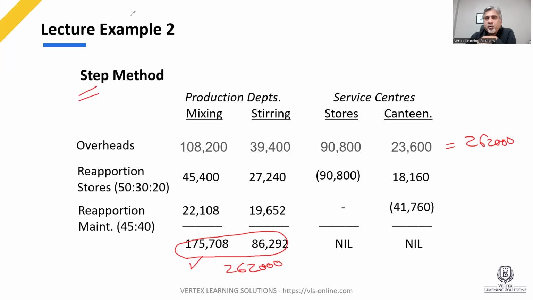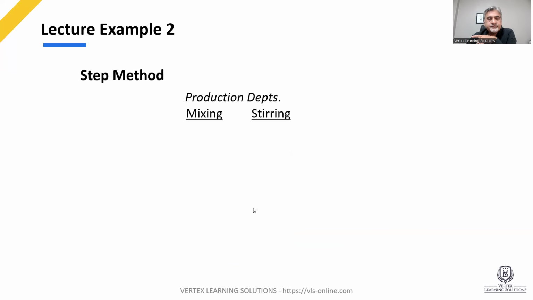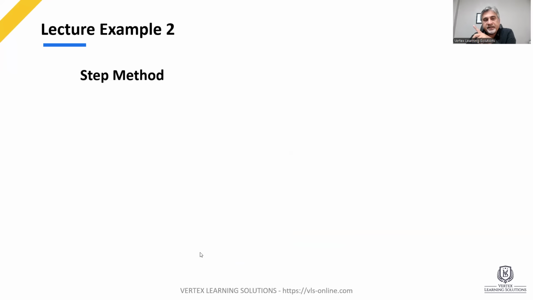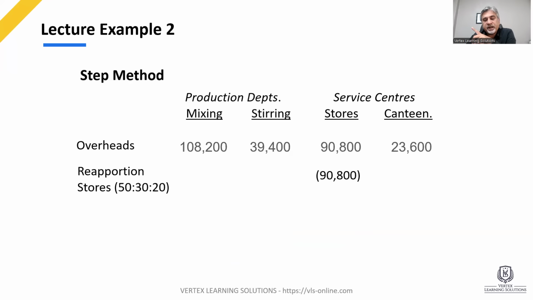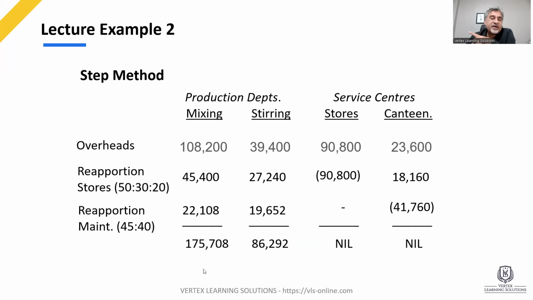So if I go back and see the direct method, it was not 175. In the direct method, it was 177. And in the step method, instead of 177, you have 175. So the numbers will change.